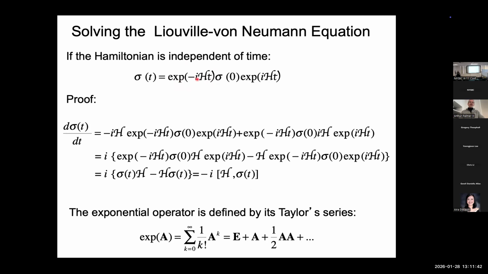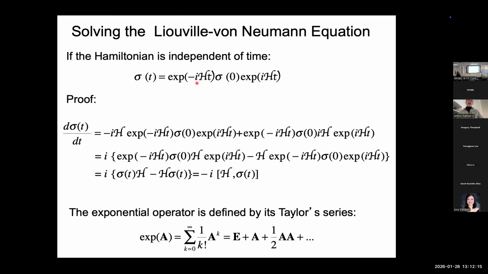And you can easily see back here that this operator, the exponential of minus i Ht, is unitary because the adjoint I get just by changing the i to minus i, because the Hamiltonian is always Hermitian. So its adjoint is itself. And clearly, e to the minus i Ht times e to the i Ht is going to be e to the 0, which is 1.